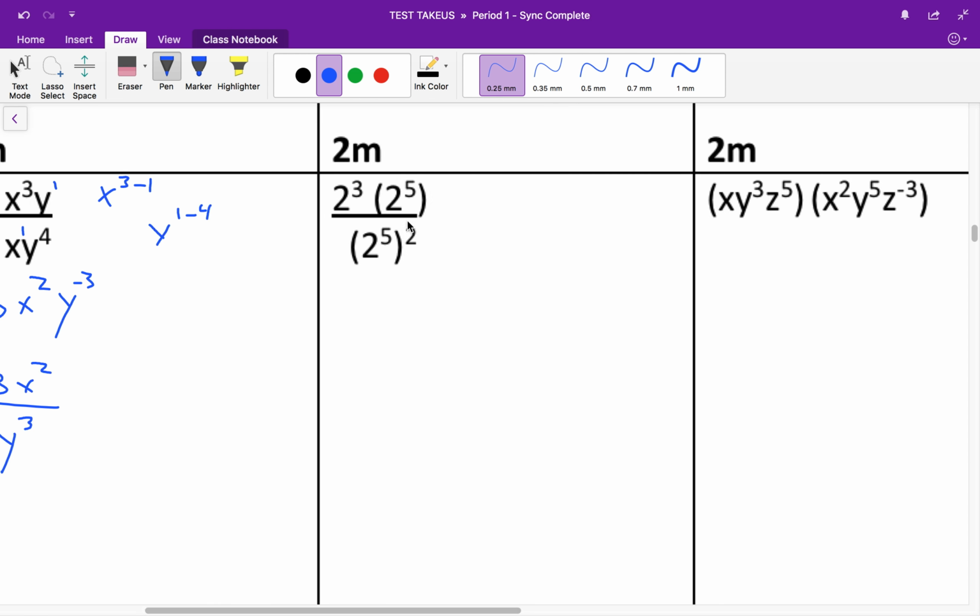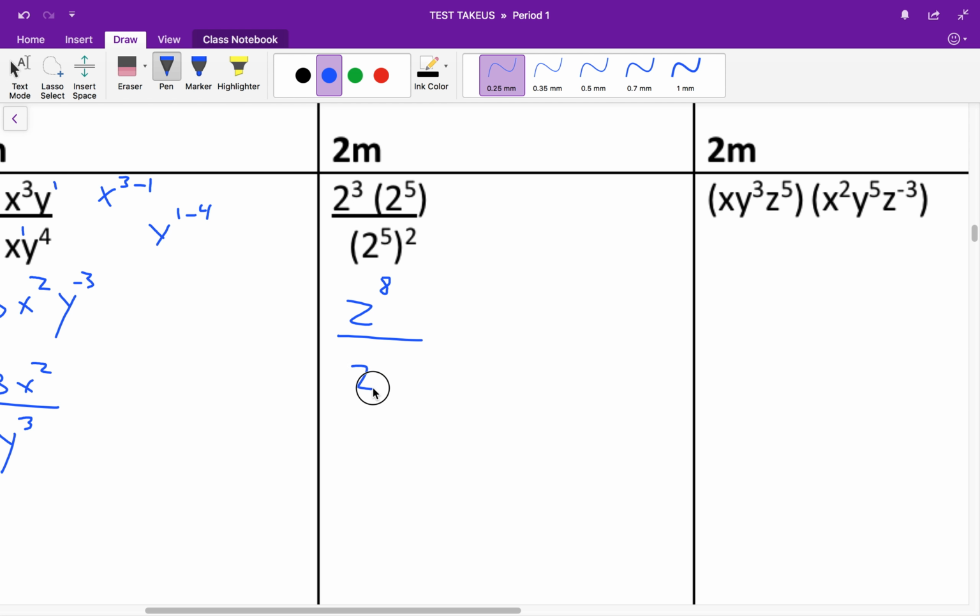Now we switch from a variable as the base of the exponent to a number. So you treat them exactly the same. Right here we have a multiplication, so we're going to keep our base. Bases stay the same, and then we're going to add the exponents. And here we have a power to the power, so we're going to multiply the exponents together.